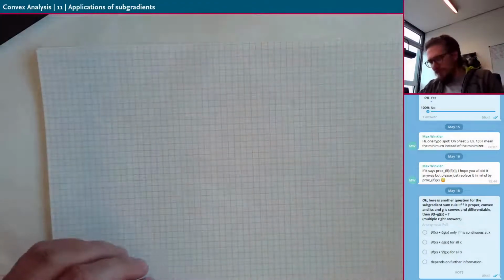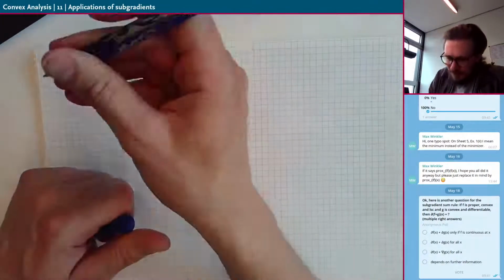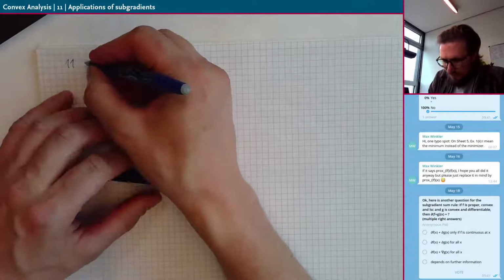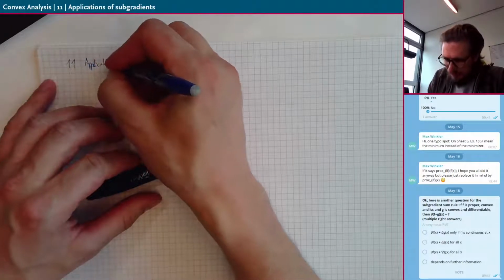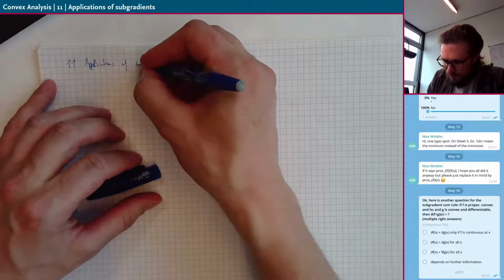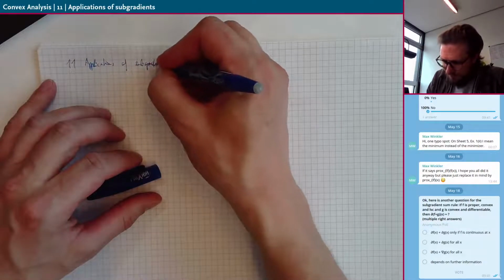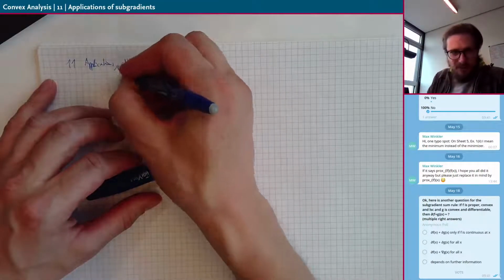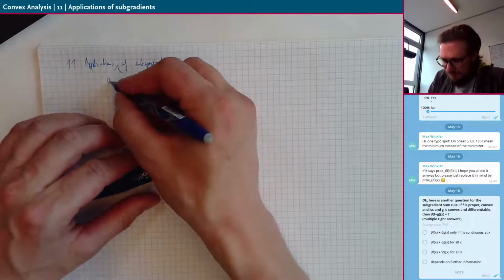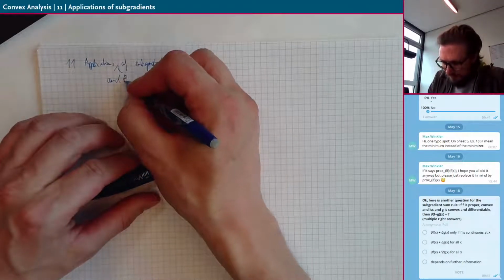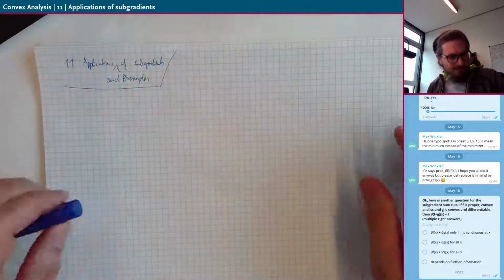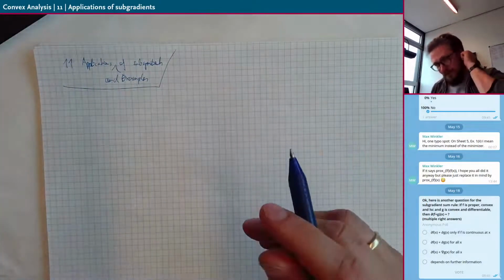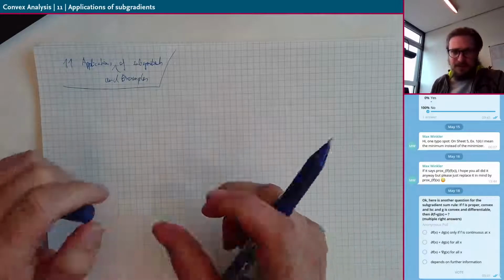So the topic of today, lecture number 11, is about applications of subgradients. What can you do with subgradients? It's not only applications, it's also examples.